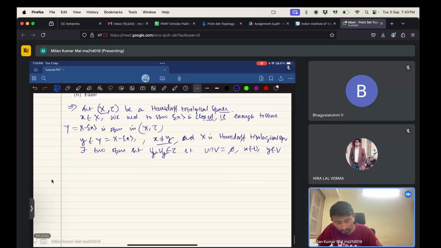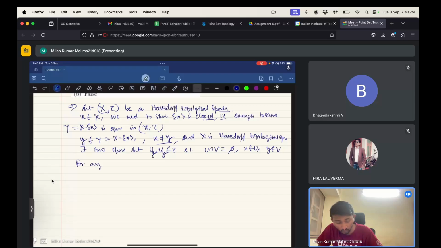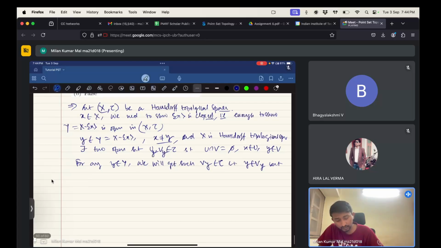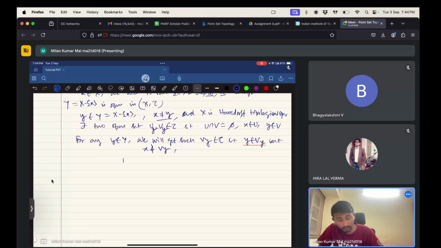Then for any y belonging to capital Y, we will get such a V_y in tau such that y belongs to V_y but x does not belong to V_y. Also note that V_y is a subset of Y. That is very natural, because x is not there.